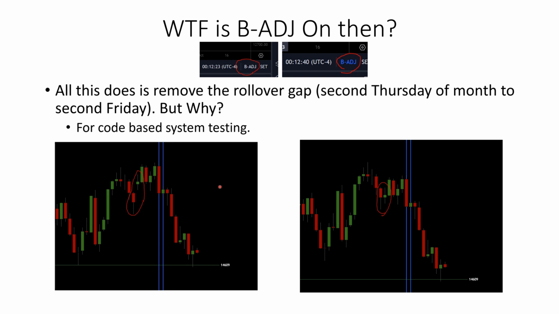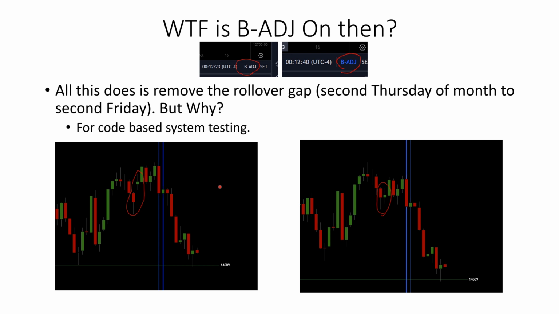If I start coding a system to buy moving average crossovers or trends or like MACD or probabilities or whatever, if I'm coding a system and trying to backtest it over years of data, I'm going to have all these little gaps in price, and it's going to start messing with my results.